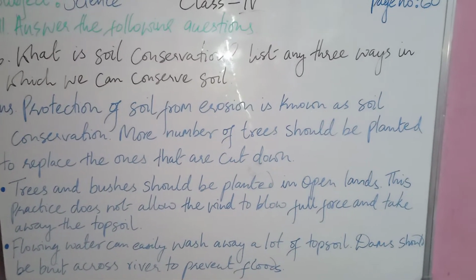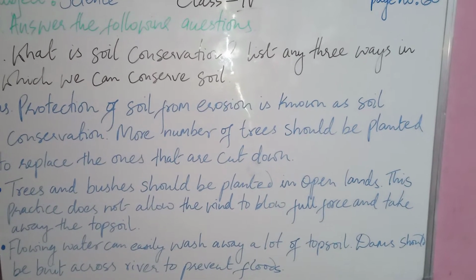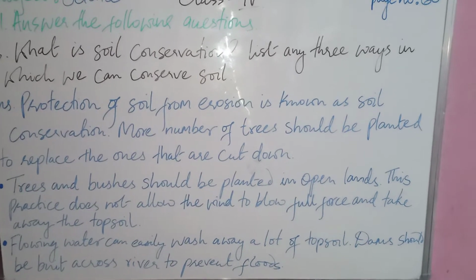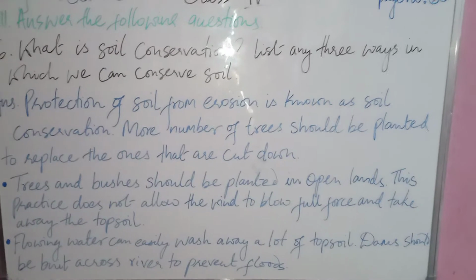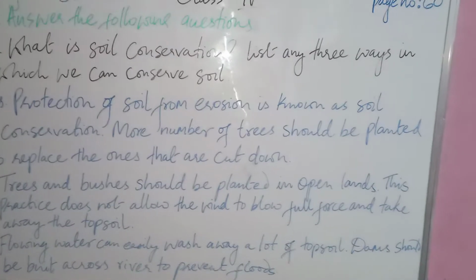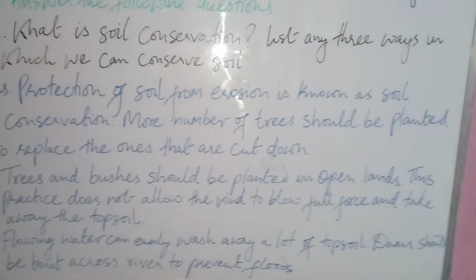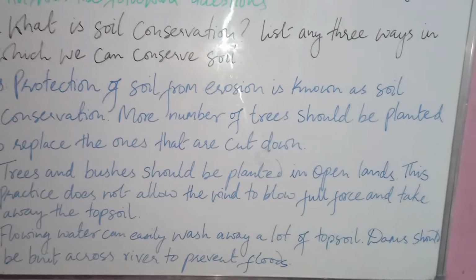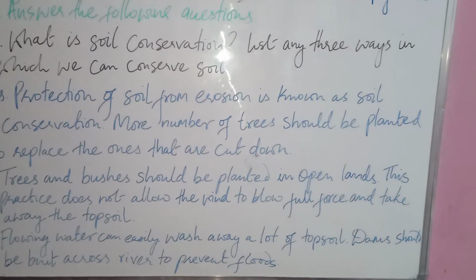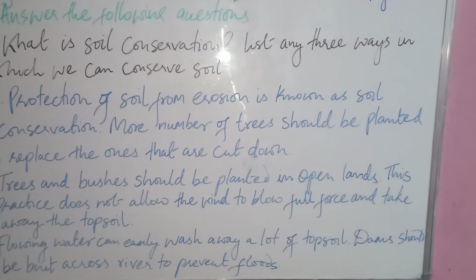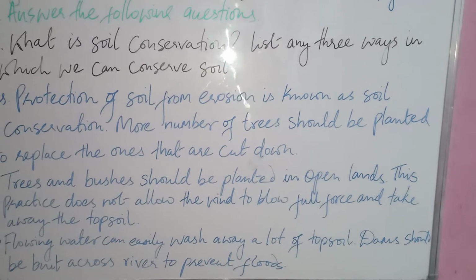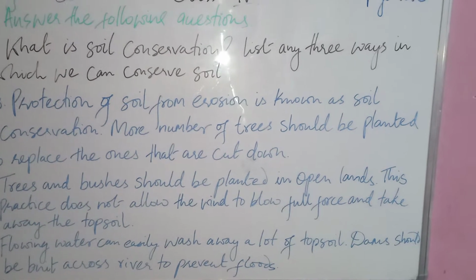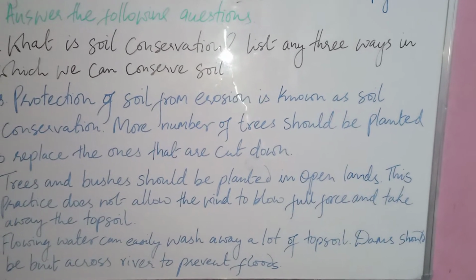More trees should be planted to replace the ones that are cut down. Full stop. Then you have to make some bullet points like this. Write in the first bullet, trees and bushes should be planted in open lands. Full stop. This practice does not allow the wind to blow at full force and take away the topsoil.